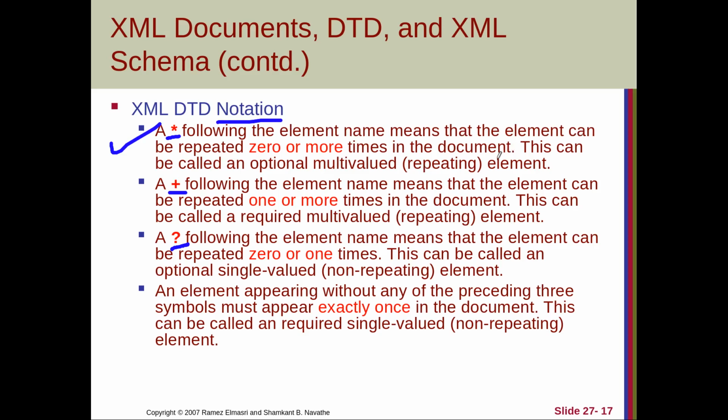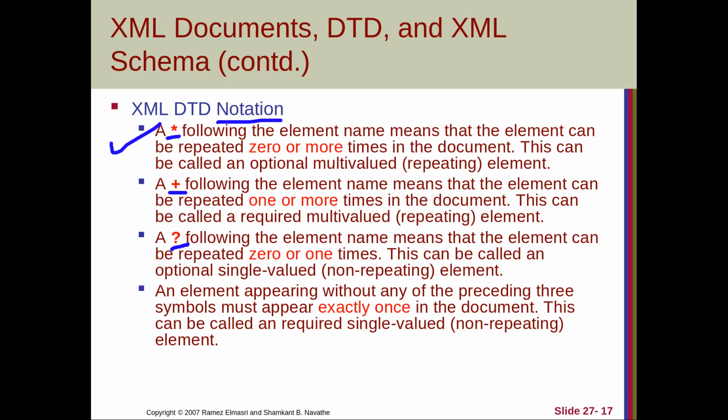So while writing an XML document, our XML document must follow this XML DTD. And if we are providing worker star, it means the XML document must consist of 0 or more workers.